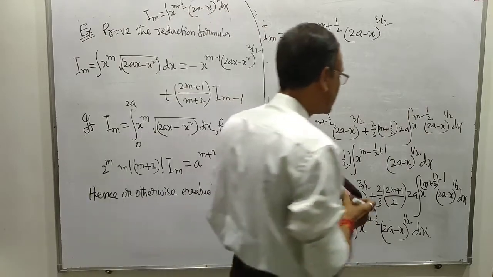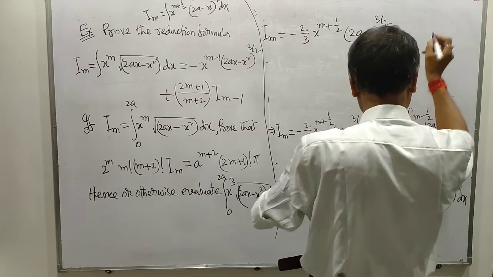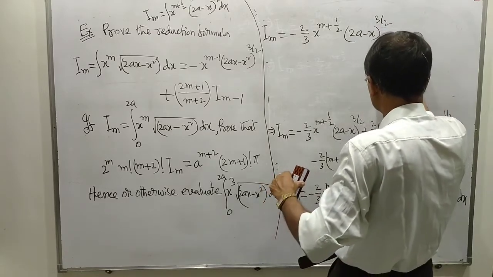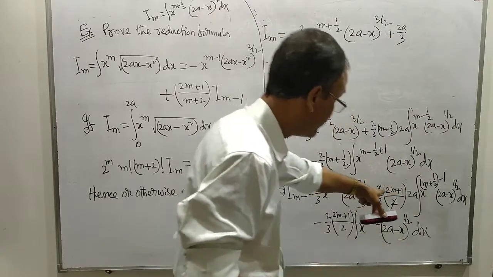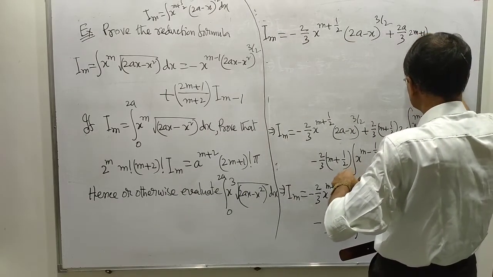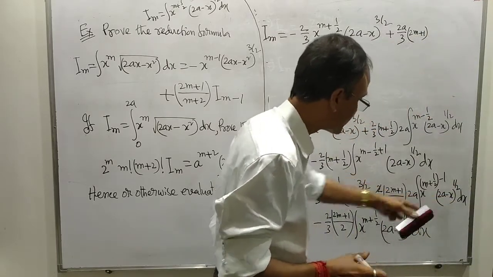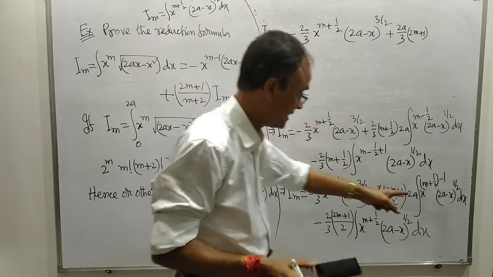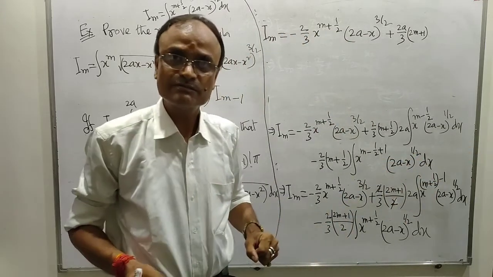Here you see, this 2 will be cancelled. Twice a by 3, plus twice a by 3 into twice m plus 1. What is this? The integration of x to the power m plus half minus 1.